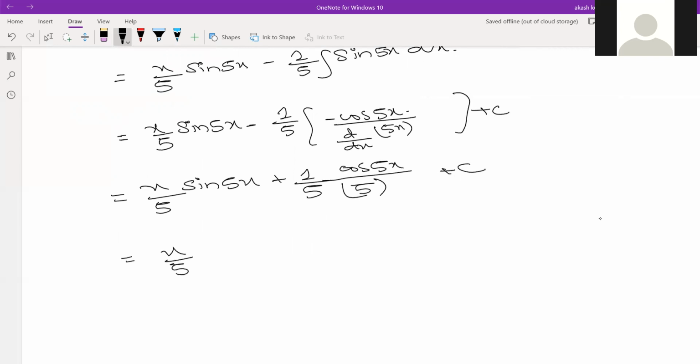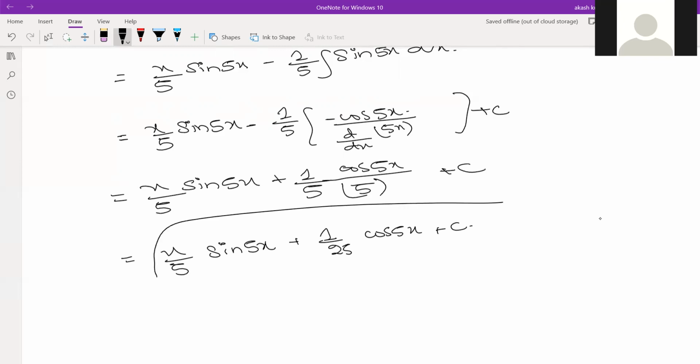So it becomes x over 5 sin 5x plus 1 over 25 cos 5x plus c. Yeah, that's the answer. Is it clear? Okay.